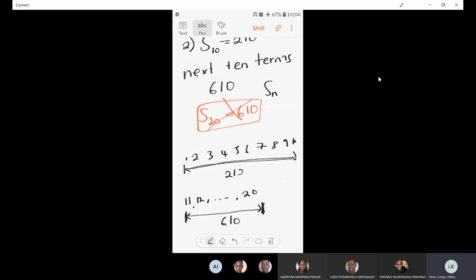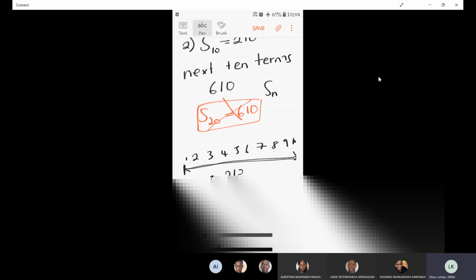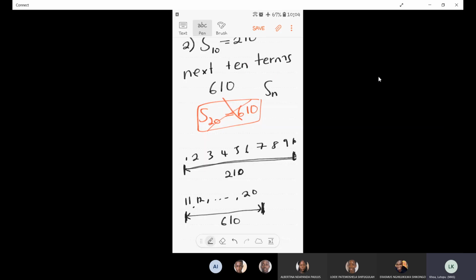But here, this is what it is saying. When I add up term 1 up to term 10, I get 210. And then when I add term 11 to term 20, I get 610, sorry. Now the question is, what is this sequence?